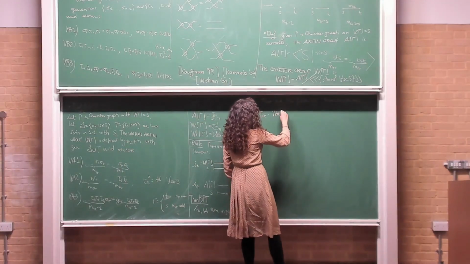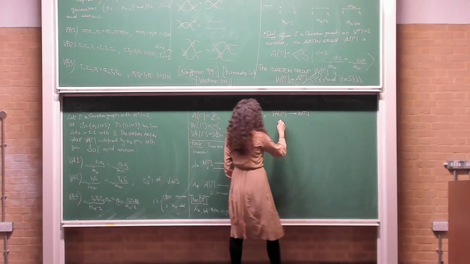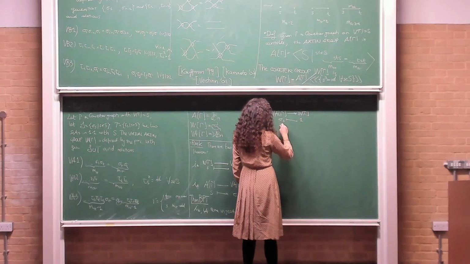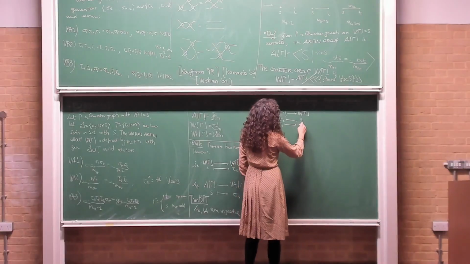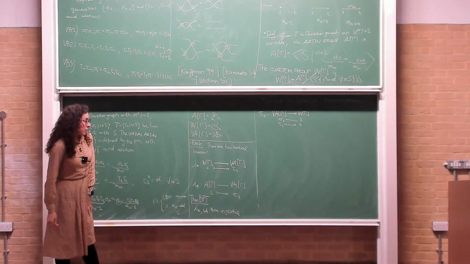In the first one, we go from the virtual Artin group to the Coxeter group, we kill the classical generator, and we just send the virtual generator to the corresponding generator of the Coxeter group.